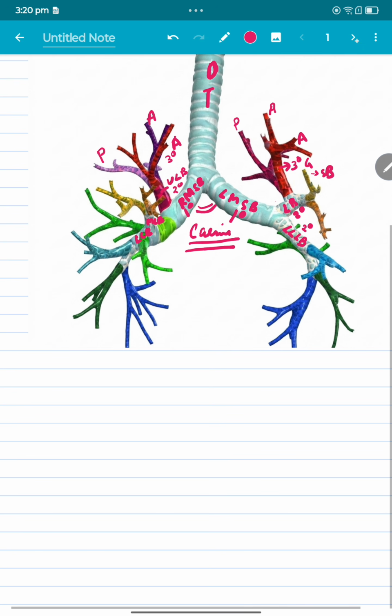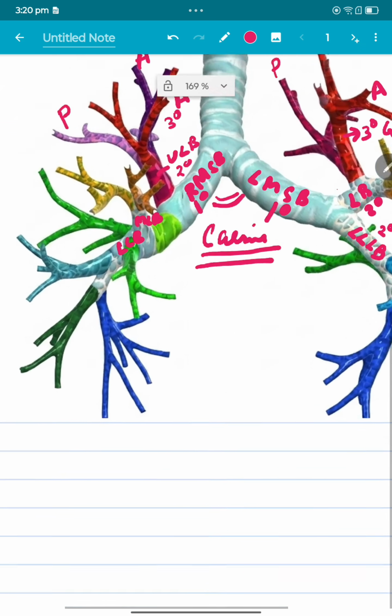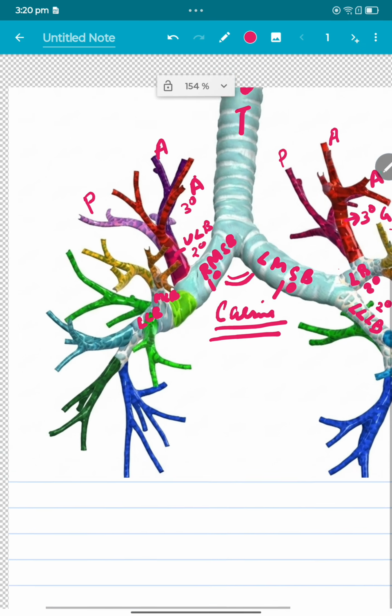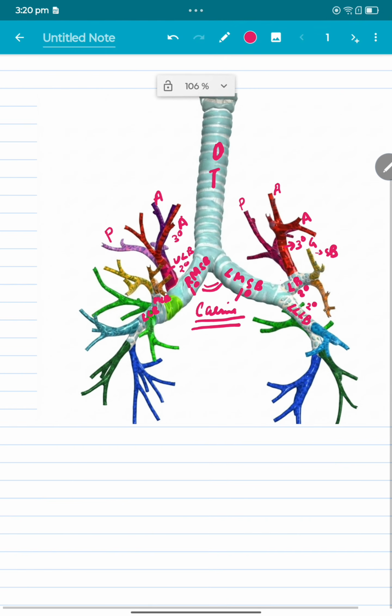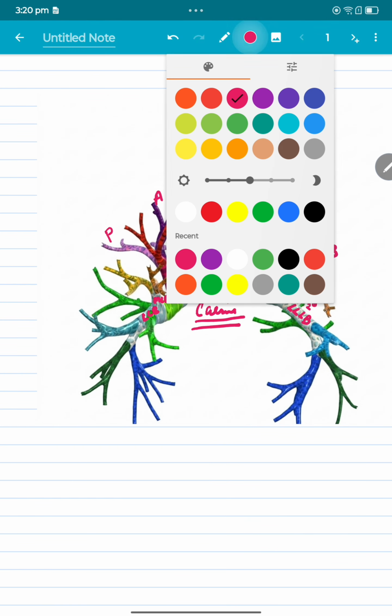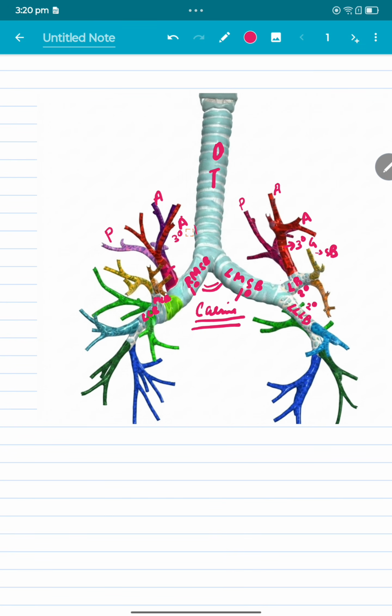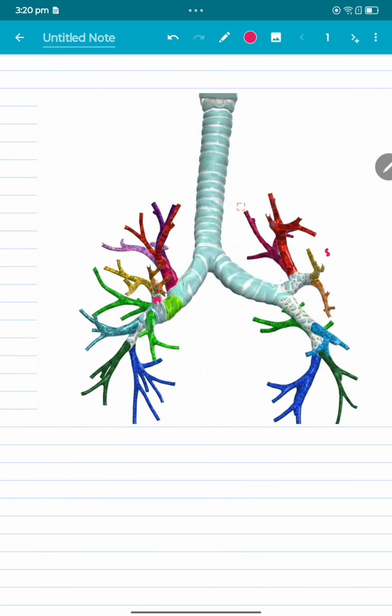Now the next thing we need to discuss is the lung segments according to Boyden's classification. We study these for clarity so that we understand better.